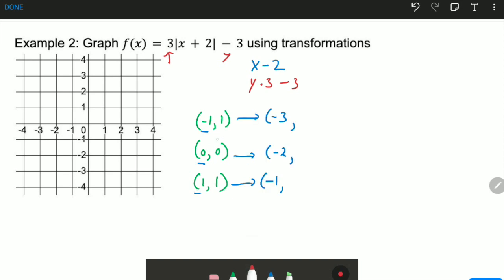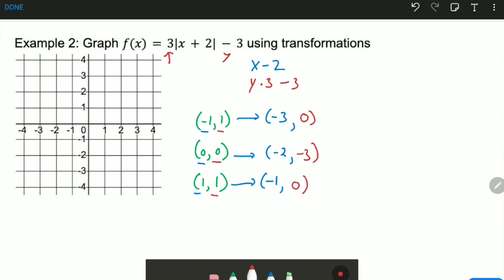For y, we'll multiply by 3, then subtract 3. So 1 times 3 is 3, minus 3 is 0. 0 times 3 is 0, minus 3 is negative 3. 1 times 3 is 3, minus 3 is 0.